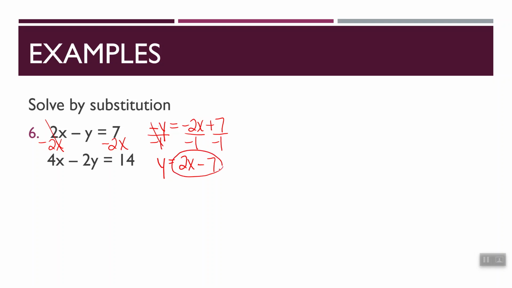This is what y equals, so we're going to plug it in right there. So I have 4x minus 2 times the quantity 2x minus 7, and it equals 14. Notice I'm writing the entire equation, just substituting this piece in for y.